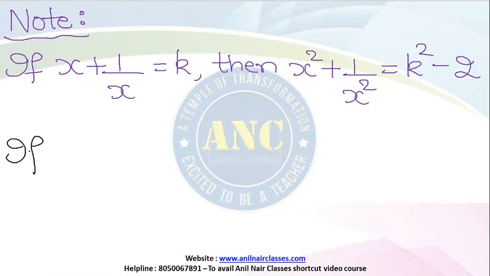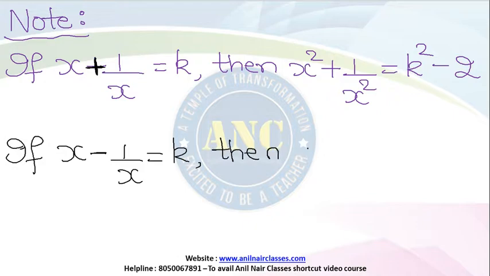The same thing can be written as, instead of plus on the left hand side of the if condition, I will put minus on the left hand side of the if condition. So this becomes, if x minus 1 by x is equal to k, right? If x minus 1 by x is equal to k, then again we are finding the same thing called x square plus 1 by x square.